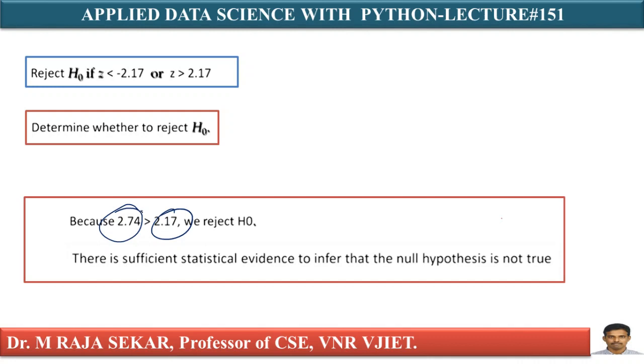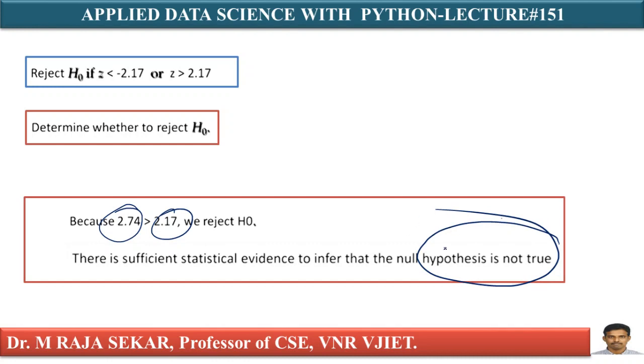Therefore, reject H naught. I cannot say this H naught is correct. Simply I can say there is sufficient statistical evidence to infer that the null hypothesis is not true.